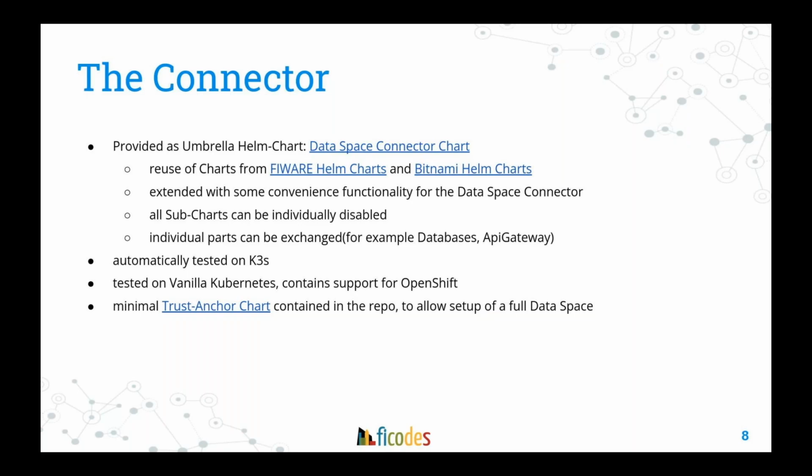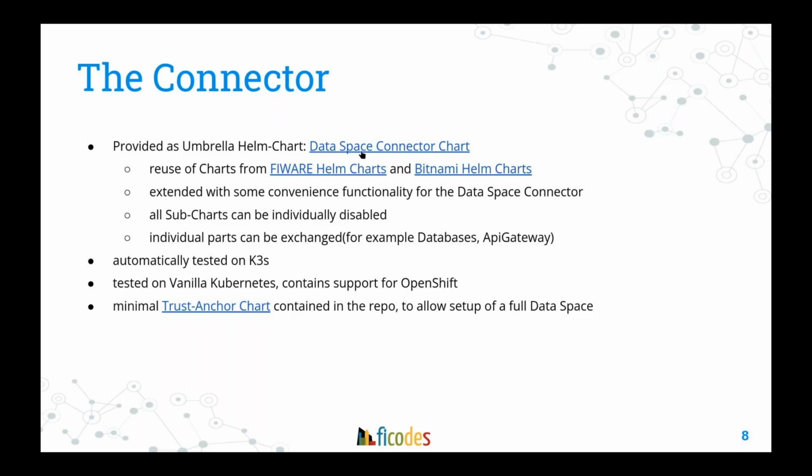We also tested it on, I call it, vanilla Kubernetes environments. It also contains support for OpenShift installations. So it's very flexible. And we also have a minimal chart for a trust anchor contained in the repository so that we can actually set up a full data space just with the charts that we provide.